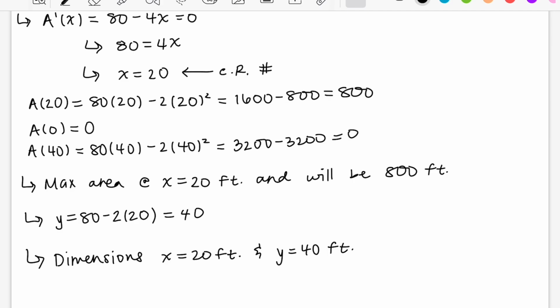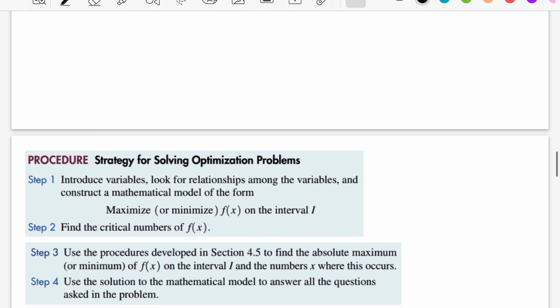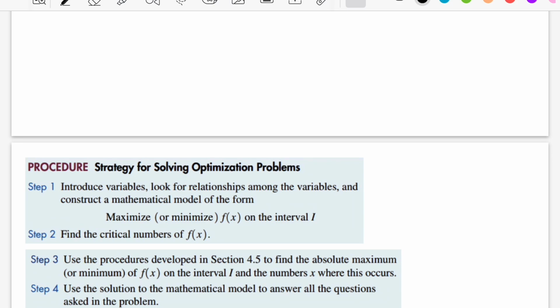All right. So after seeing those two problems, this brings us to our little procedure and strategy for solving optimization problems. So the first thing we want to do is introduce the variables and look for relationships among the variables. So we saw that in the last several examples. Then we want to construct a mathematical model of this form here, where we want to maximize a function on some interval.